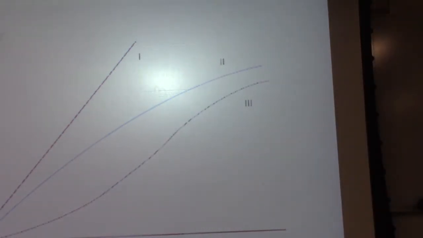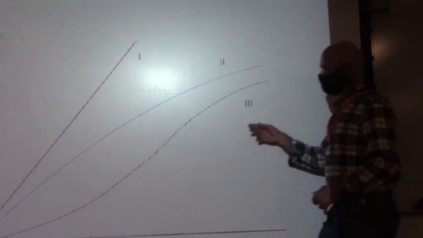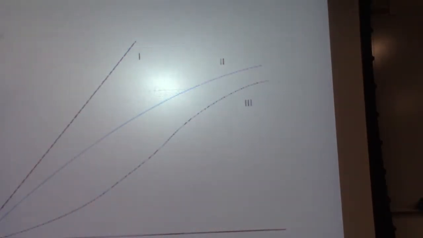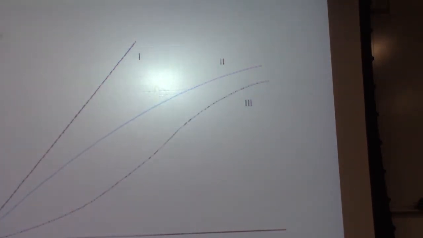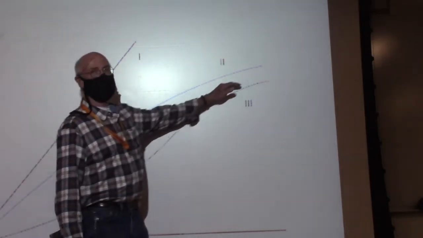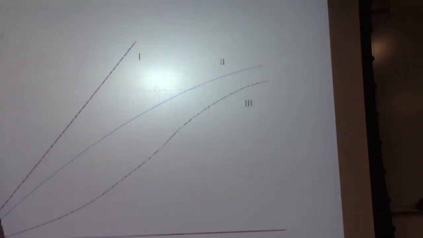The most interesting kind of functional response is a type 3 functional response. That's where it follows this pattern, and you've seen that pattern before. That's a sort of logistic pattern, right? We saw it in the logistic population growth.